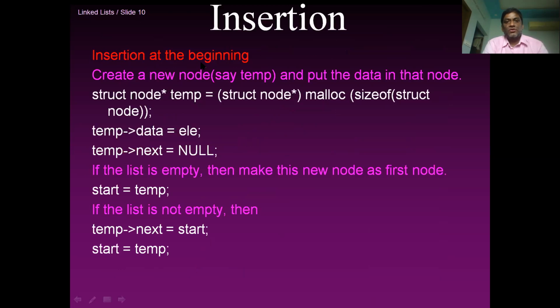For this, first you need to create a new node. Let us say the node name is temp. By using that previous concept, the syntax is struct node star temp is equal to struct node star malloc of size of struct node. So by using this syntax, we will be creating this node temp.